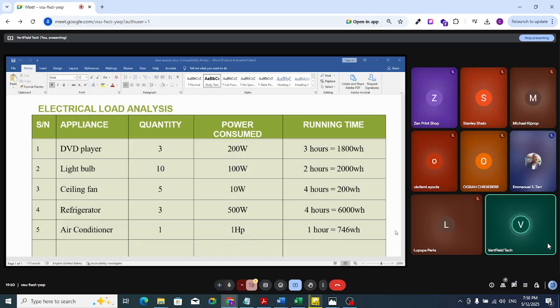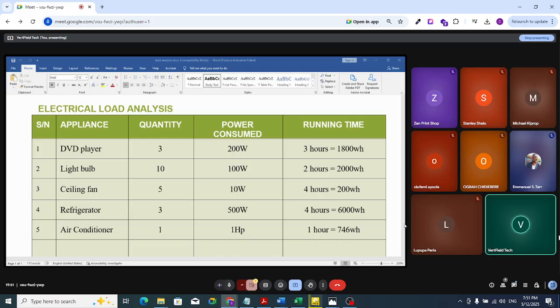The nameplate, like we all know, is that position either on the body or the packaging of the appliance or load, where you have all the details about that appliance. You have the name of the maker, the country of make, the serial number, the voltage, the current, the wattage. So you just go there, lift your wattage, and you are good to go.